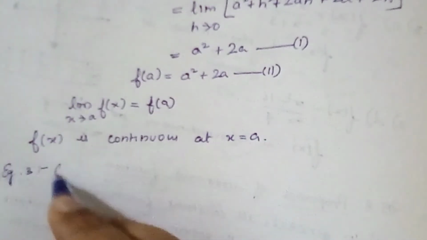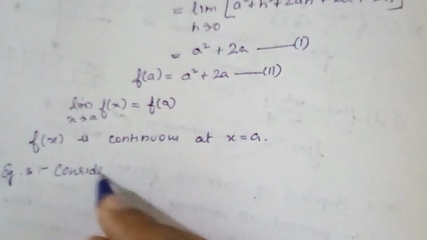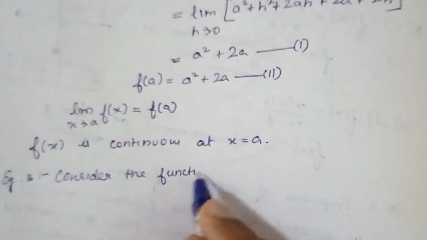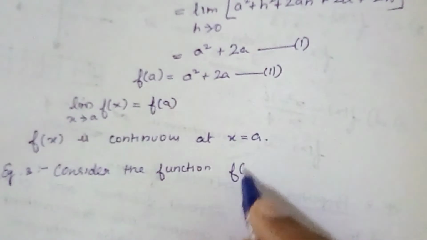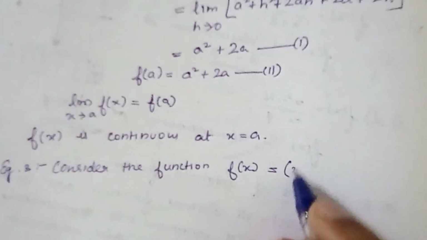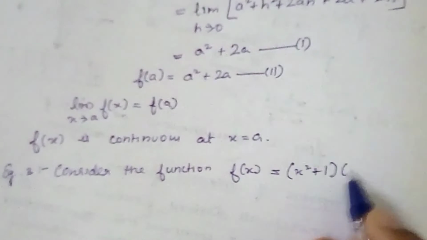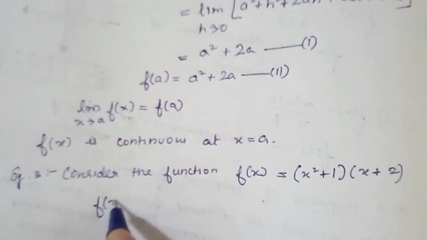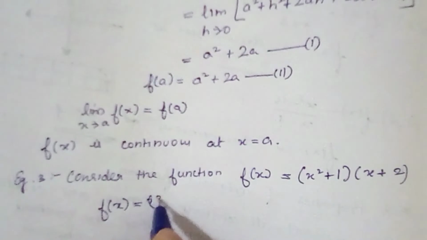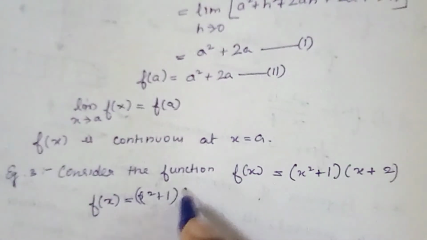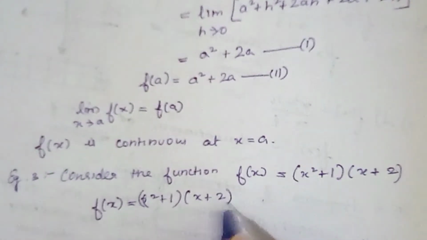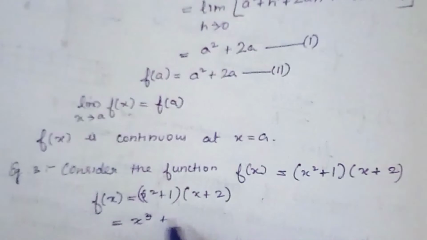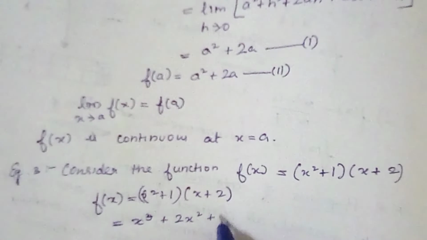Consider the function f of x is equal to x squared plus 1 into x plus 2. If we multiply this, we get x cube plus 2x squared plus x plus 2.